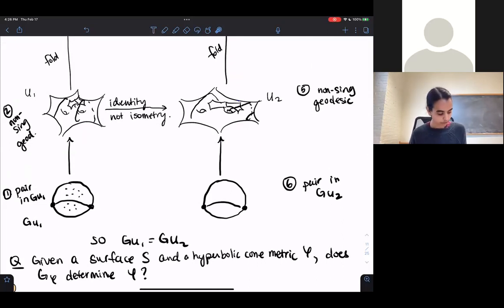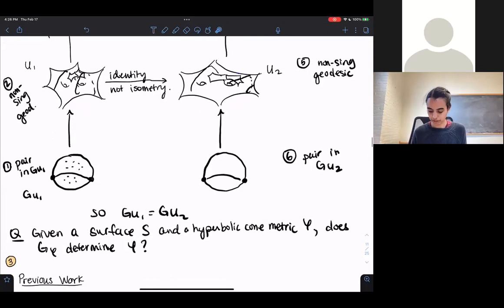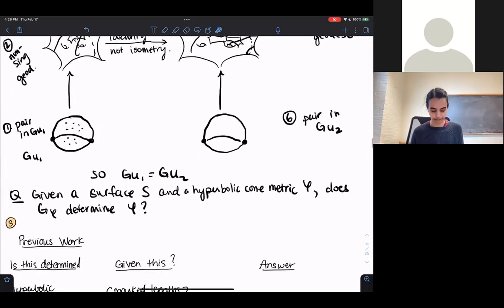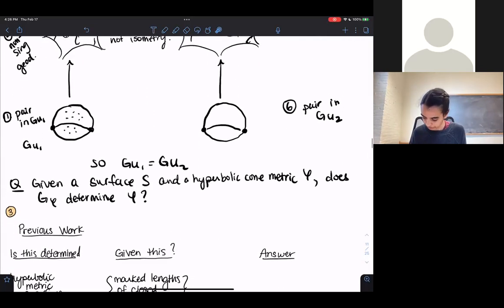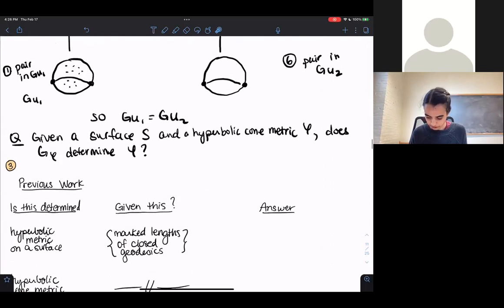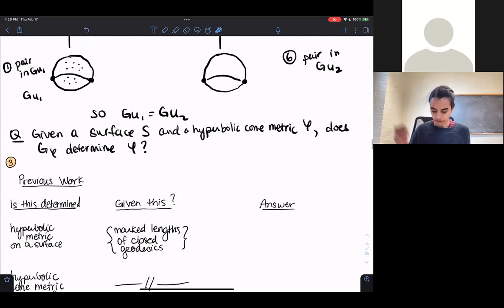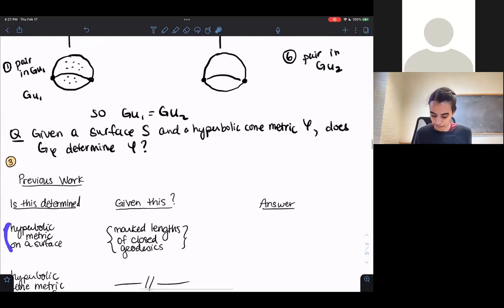Okay, so let's talk about previous work on questions like this. Okay, so I made a little table here. All these questions are of the form, is this determined given this? So the first one is, suppose we had just a hyperbolic metric on a surface.